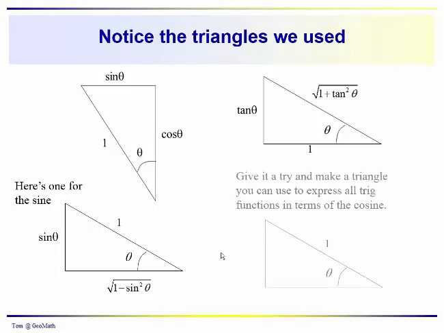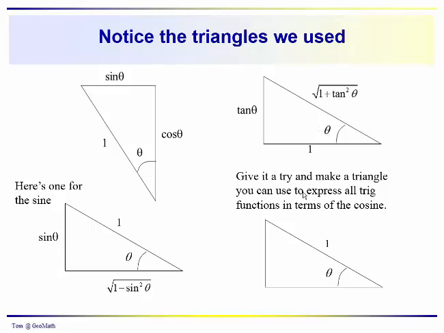And so I think you can see where these relationships are useful. If you want all your trigonometric relationships in terms of a particular trigonometric function like the sine or the tangent, then we can develop triangles like this.